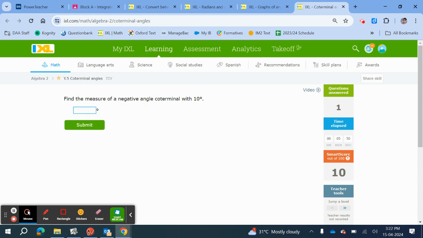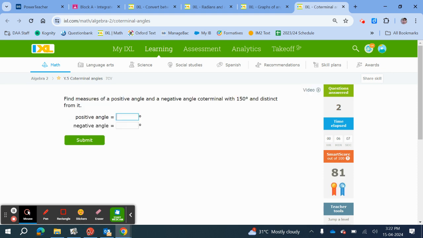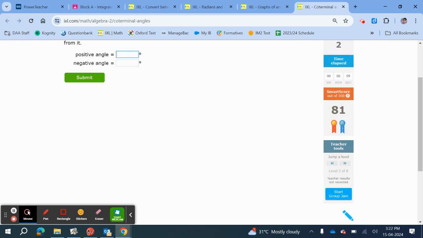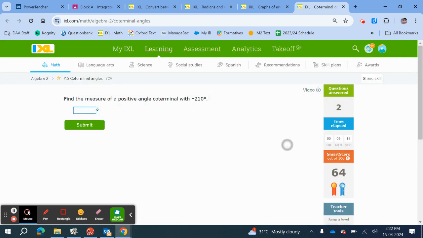Find a negative angle coterminal with 10: minus 350. Find the measure of a positive angle coterminal with minus 210.